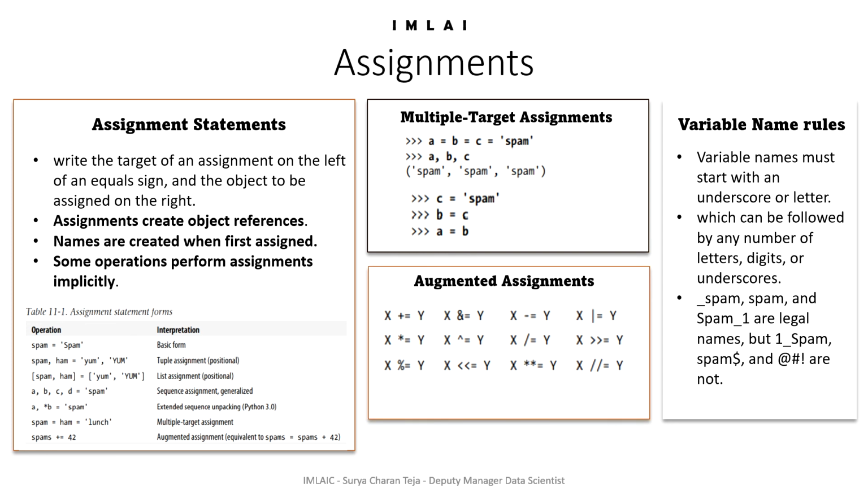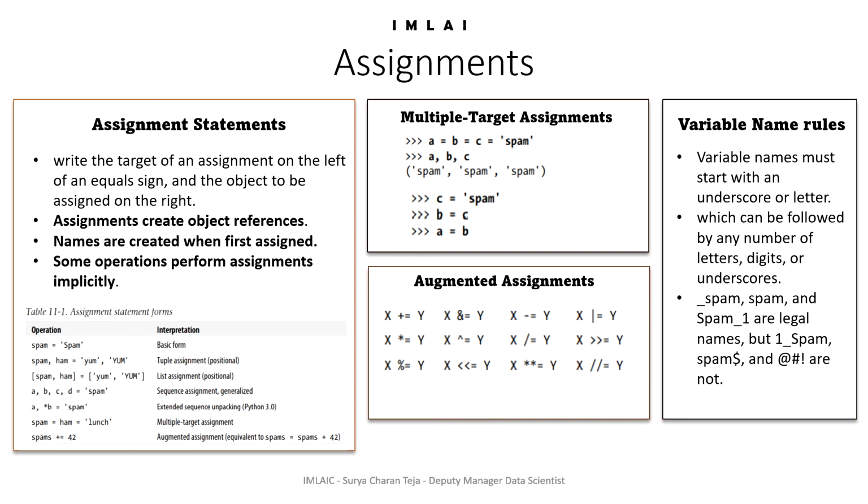Augmented assignment is shorthand that combines an expression and an assignment in a concise way. For example, x += 2 has the same effect as x = x + 2, but the augmented form requires less typing and generally runs quicker.